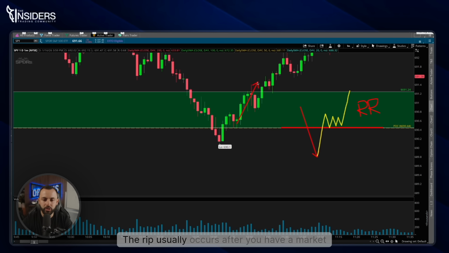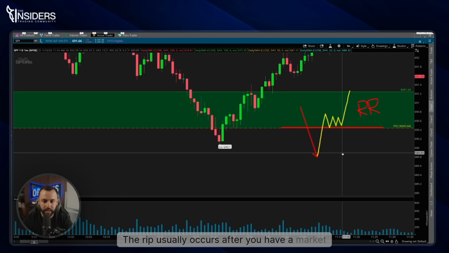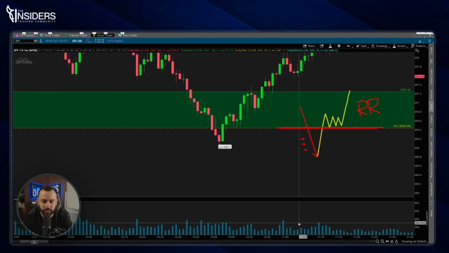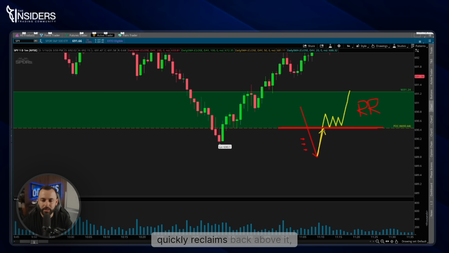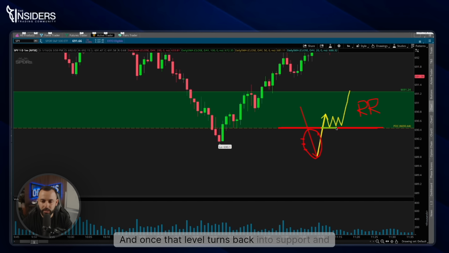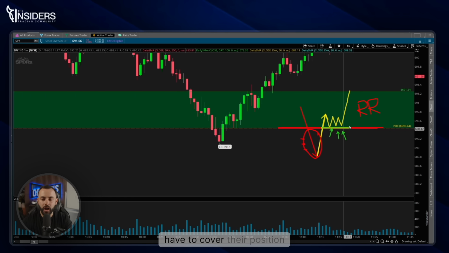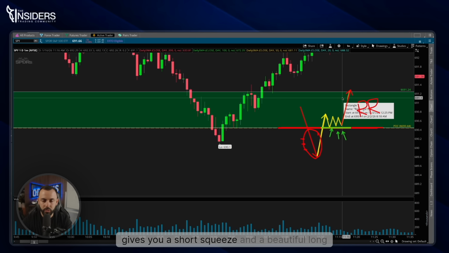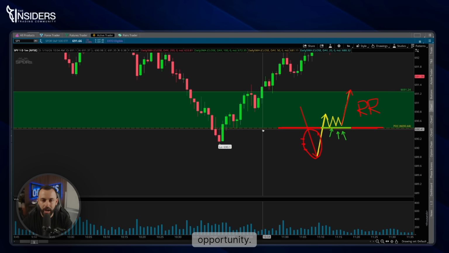The rip usually occurs after you have a market that breaks under a key level, attracts more shorts below that level, quickly reclaims back above it, putting all of these shorts under pressure. And once that level turns back into support and continuously defends itself, those shorts down here have to cover their position, which in return gives you a short squeeze and a beautiful long opportunity.